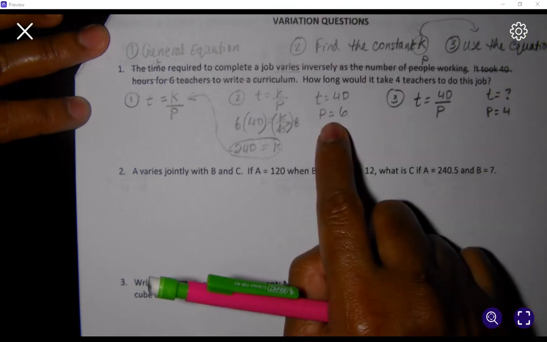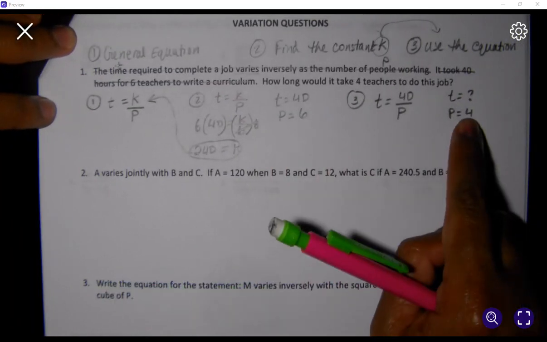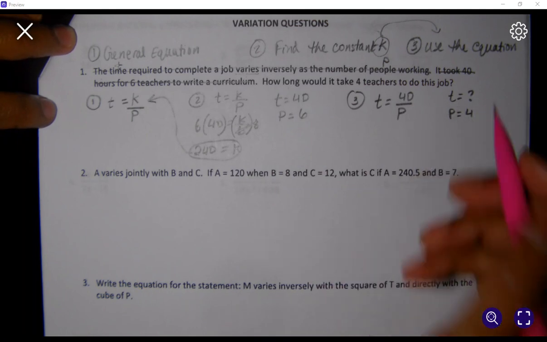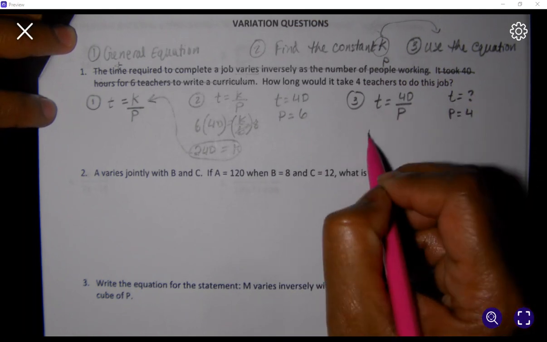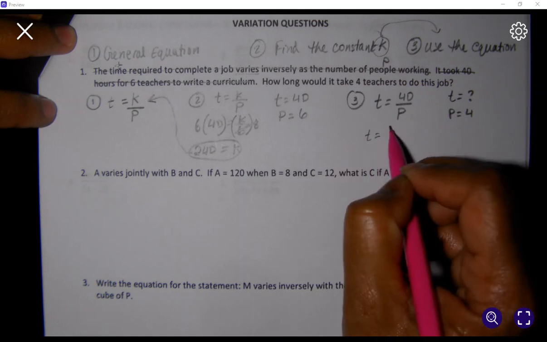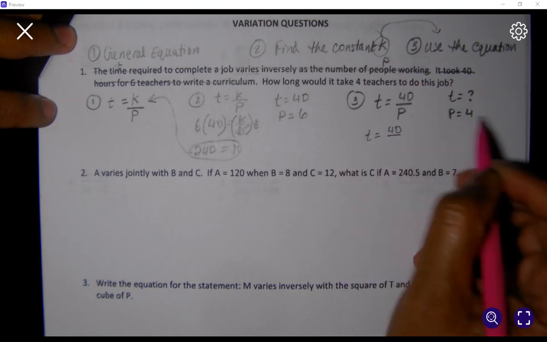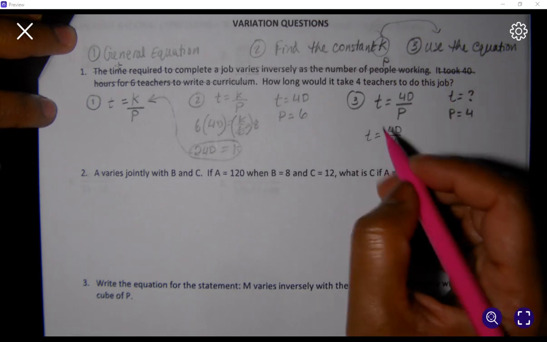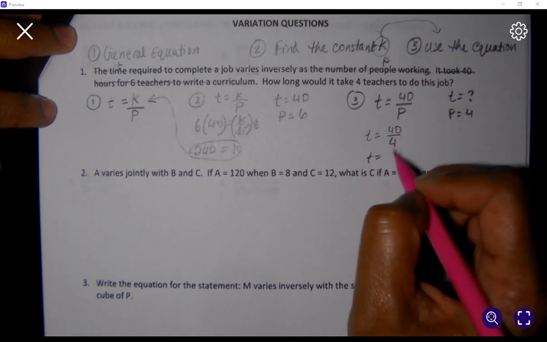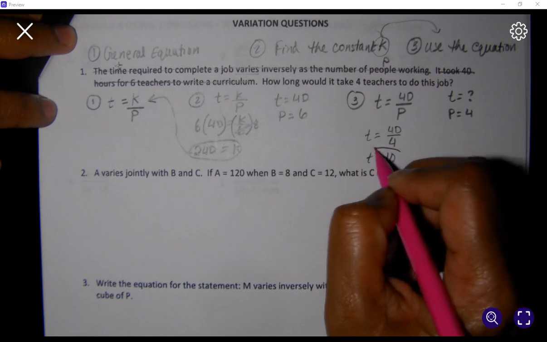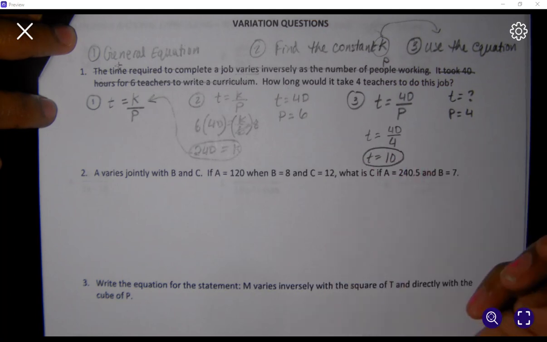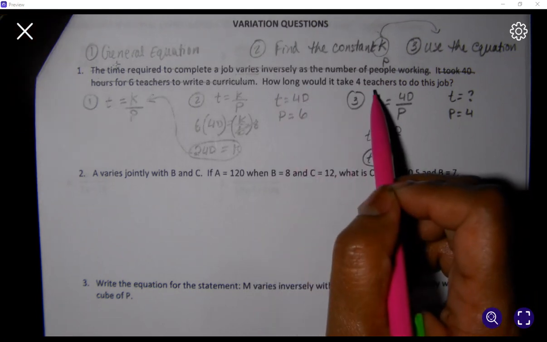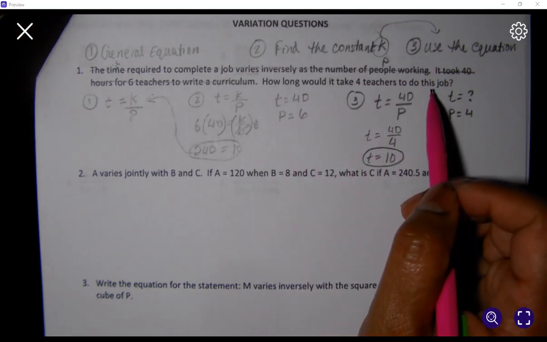First it was 6 people, and now it turned to 4 people. So T is just T because that's what I'm looking for. 40 over 4. Now we can solve this by doing 40 divided by 4. So that is 10 hours. So it takes 10 hours for 4 teachers to do the job.